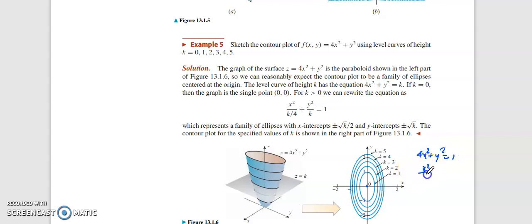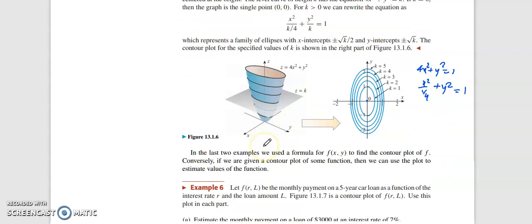So that is x square by 1 by 4 plus y square equal to 1. So that is an ellipse of this form. Then for k equal to 2 we get an ellipse. Then corresponding to 3, 4, 5, you are getting ellipses. So this is the contour plot of the given function f of x y, where k takes the values 0, 1, 2, etc. up to 5.